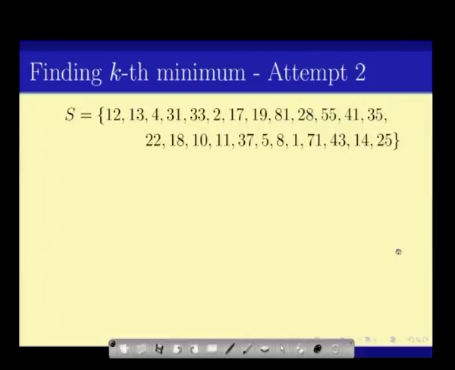To start with, we take this set S, and the idea is to split it into small sets of size 5. Why is this number 5 important? It has no special importance, it is just a constant. To sort a set of size 5, we need 5 log 5, which is still a constant number of steps, and that is basically the reason we split it into sets of size 5.